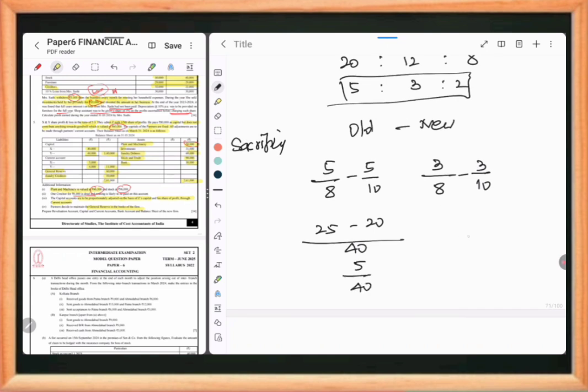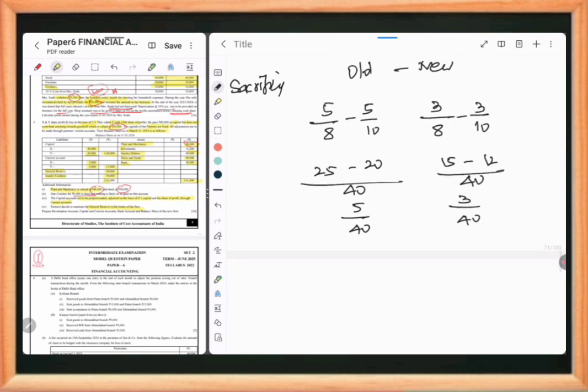So here also LCM 40, the minimum amount we will take. So 8 out of 40, that is 5 times, 5 into 3, 15, minus 10 out of 40, 4 into 3, 12. So 15 minus 12, 3/40. So the sacrificing ratio is 5:3.